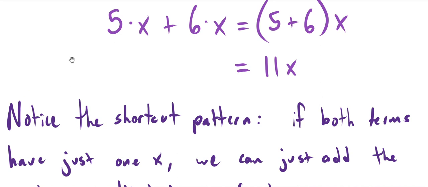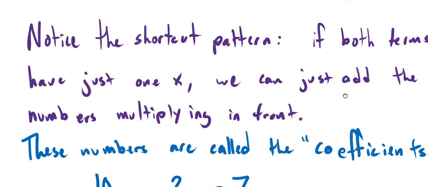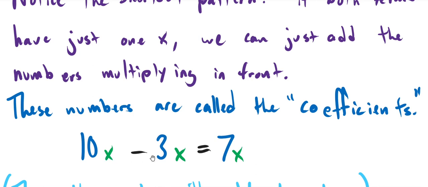So there's a shortcut to this pattern here. 5x plus 6x gave me 11x. If I notice that they both have just one x attached to them, then we can just add the coefficients, the numbers up front, to get the new coefficient 11, right? These numbers up front, the numbers multiplying by a variable term are called coefficients.